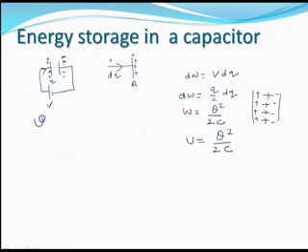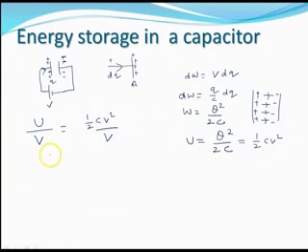Energy density is energy per unit volume. You can change this formula in a number of ways by applying Q equal to CV, you get half CV square also. So it is half CV square upon volume. For a parallel plate capacitor, which we generally use, capacitance is epsilon naught A by D, and volume can be written as A into D, that you know very well.